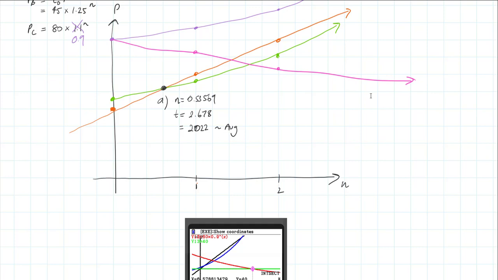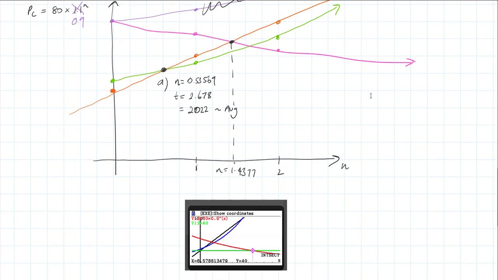The second one was how long is the pink ahead? And remember, when we're ignoring that purple, so we're at this point here, and that was at 1.4377. And so again, I multiply that by 5, because remember that N represents the number of 5-year groupings, times 5, 7.18.